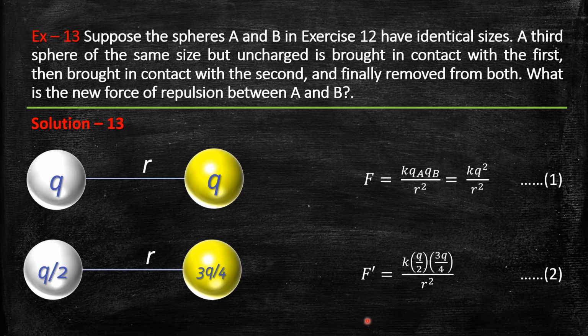This is the force, and as I said, you can simplify it further, so you will have 2 and 3 by 4 outside, so 3 by 8 you will have, and then you will have kq square by r square, which is F. So you can say that the new force is 3 by 8 times the previous force. Now this particular problem may also have many variations, so understand the process.